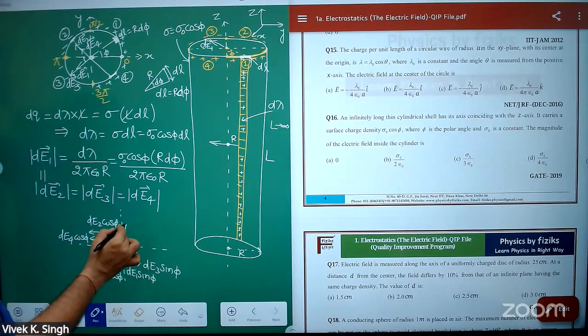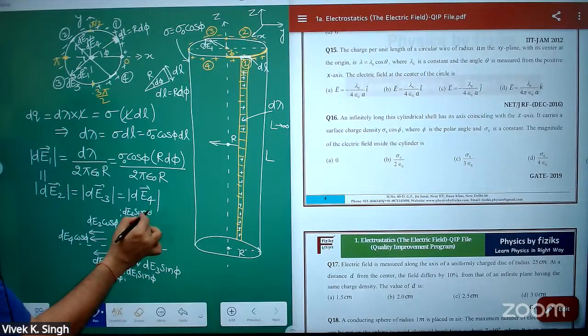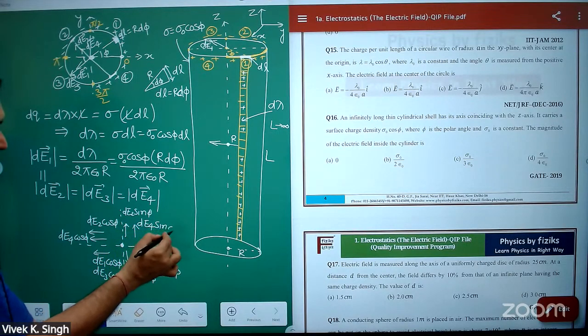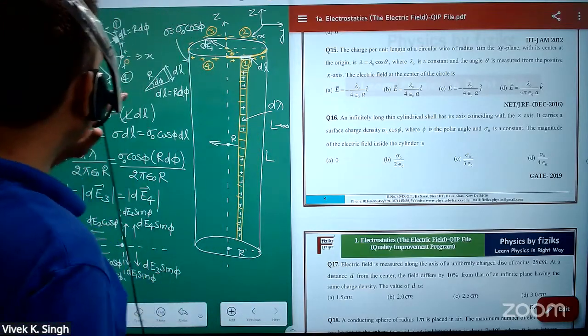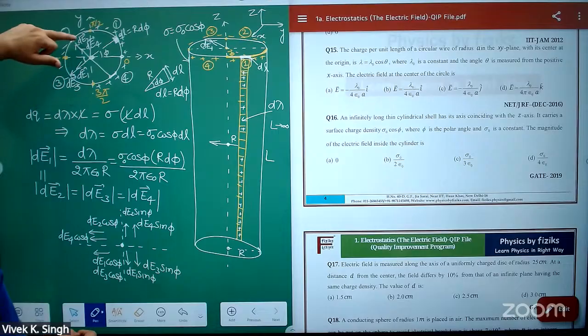And there will be two components in this direction, one is dE2 sin phi and another is dE4 sin phi. So we have resolved the components of dE1, dE3, dE2, dE4 along these two directions.